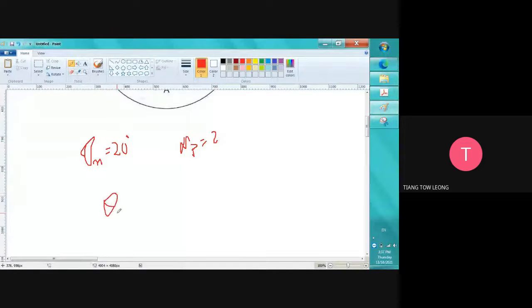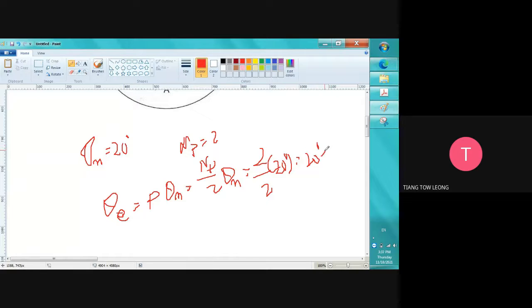So our theta E is pole pair times theta M. Pole pair means number of poles divided by 2, so 2 divided by 2 times theta M of 20 degrees, which is 20 electrical degrees. This is for the case where the number of poles is 2.